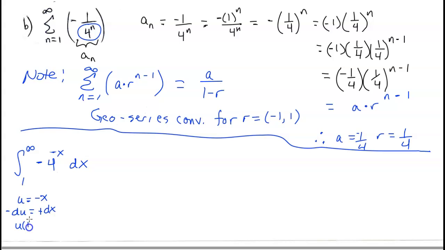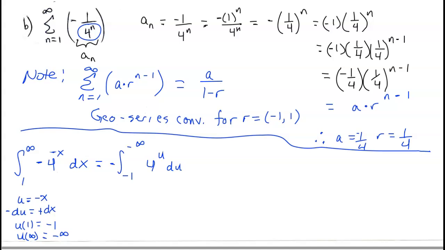And also here, u of 1 would also be equal to, if we plugged in that, negative 1, and u of infinity here would also be negative infinity. So if we looked at everything here, we had this negative out, u of 1 would be negative 1, u of infinity goes to negative infinity, and now we just have 4 raised to the u du.